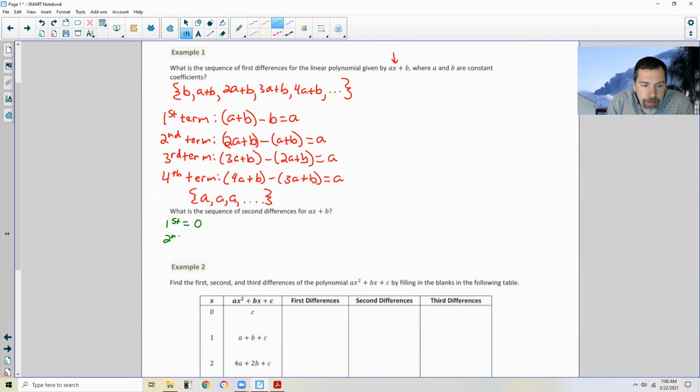And the second is going to be the third minus the second, a minus a, which is 0. And the third is going to be the fourth term, a, minus the third term, a, which is 0. So the sequence of the second difference for a linear term is just simply 0, 0, 0, 0, dot dot dot, forever and ever. So the sequence of the second difference of a linear polynomial is 0.